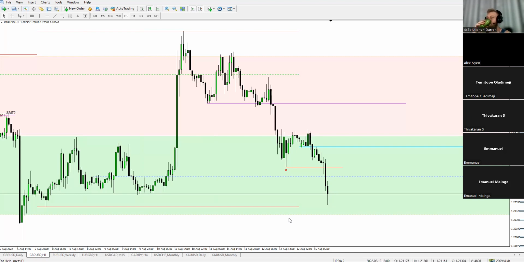Opposite to GU and EU. Yes, if we are looking at GU and EU and the DXY, what other currency can we look at to give us some kind of intermarket relationship or intermarket analysis? What currency pair?